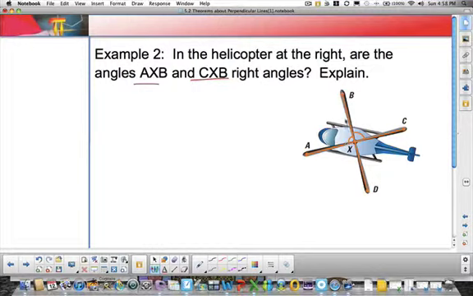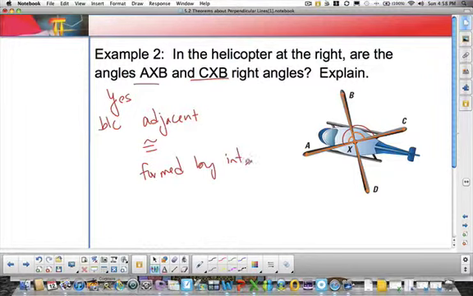So AXB is here, CXB is here, and yes, I can conclude that they are right angles because they are adjacent, they are congruent, and they are formed by intersecting lines. And the only reason, by the way, that we knew that they were congruent is because these marks here in the picture indicated that they were congruent.